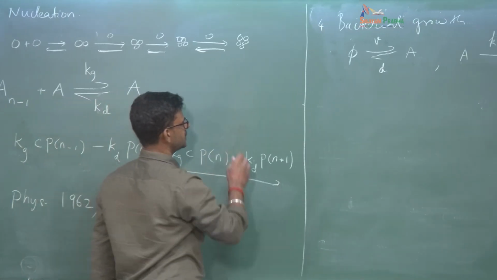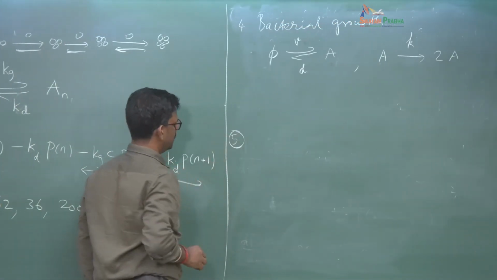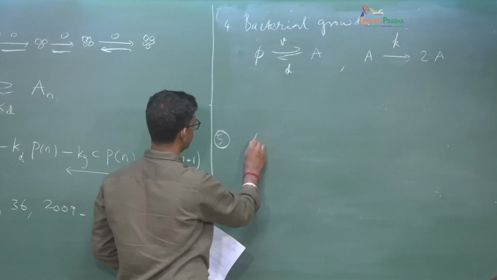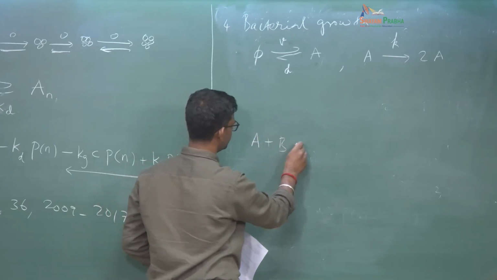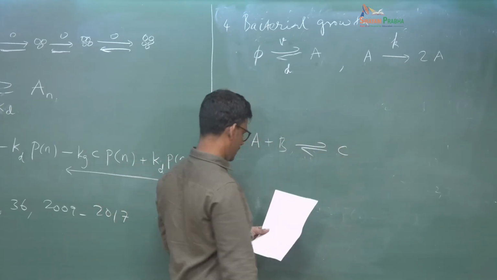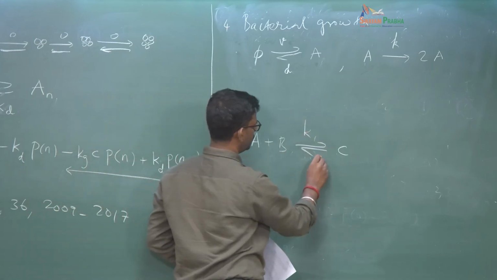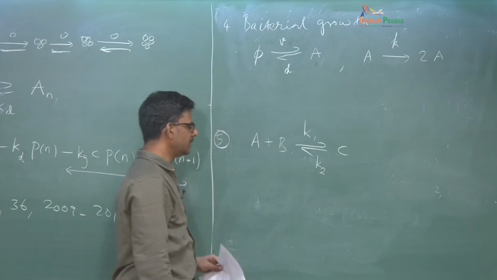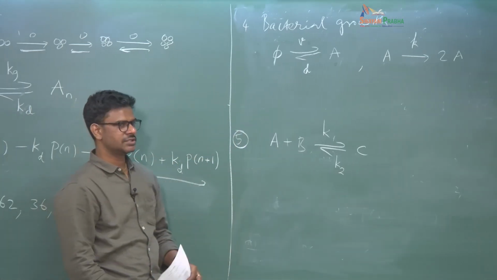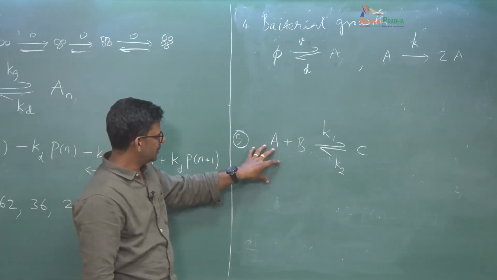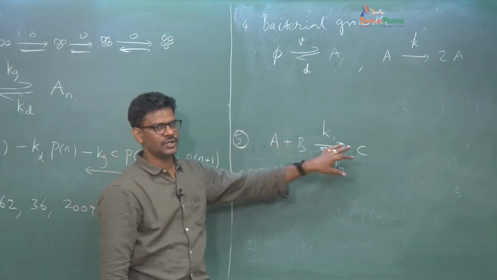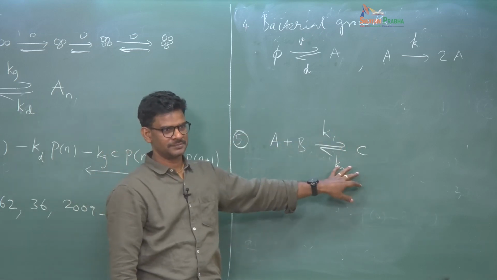And if you have done this, also do another problem where you have a bimolecular reaction A plus B going to C with rate constants K1 and K2, where you want to treat the number of molecules of A, B, C, all of them as a stochastic variable.